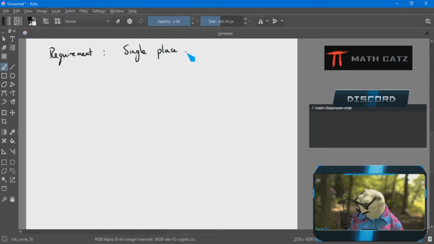A single place can only go up to 59. 59 is represented, of course, by 5 tens and 9 ones, as annoying as it is to draw all these ones.